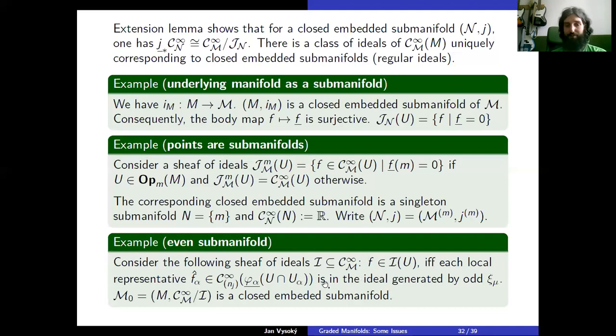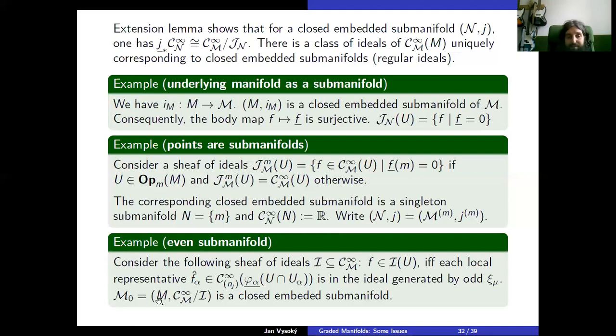And it has to live in the ideal generated by odd coordinates. So I take all the odd coordinates, not the even ones, and I generate an ideal in this algebra. And if the local representative lives in this ideal, for all alphas, I declare this to be an ideal. And I can again show that this is a sheaf of ideals and it satisfies all the good properties.